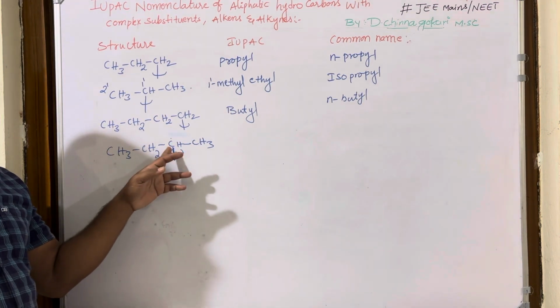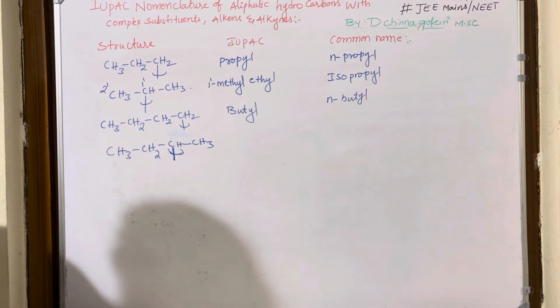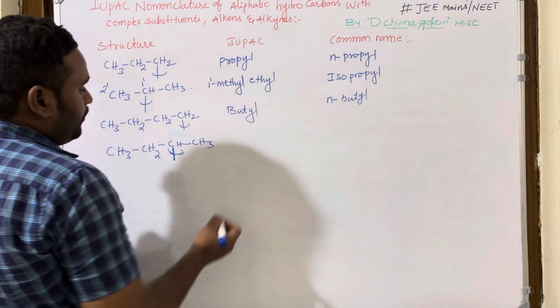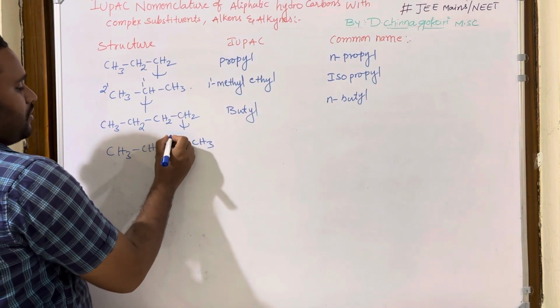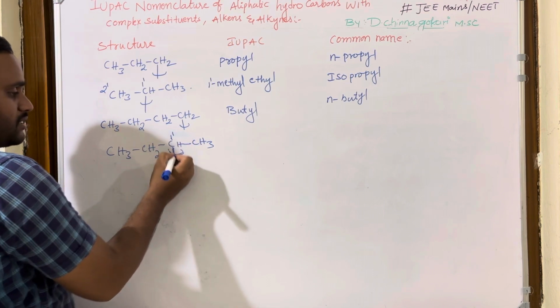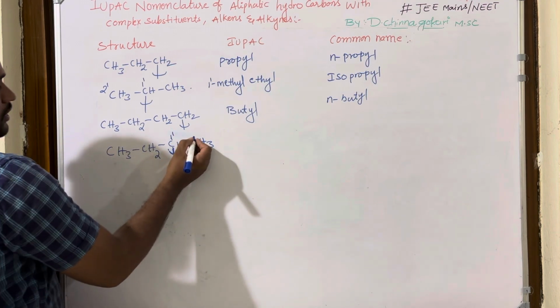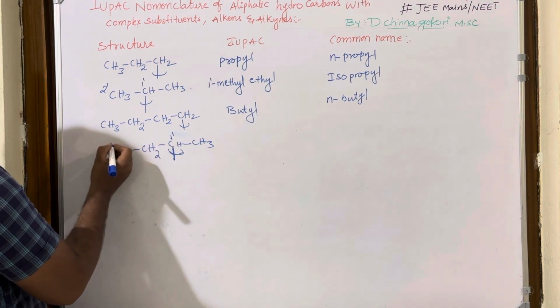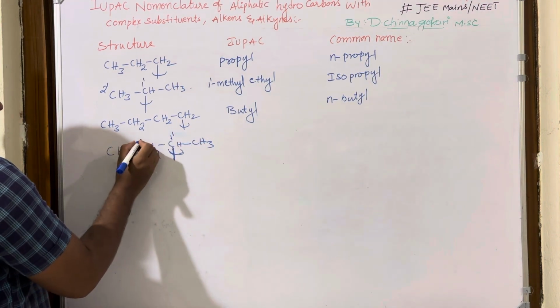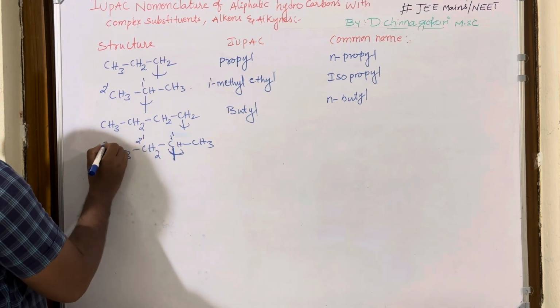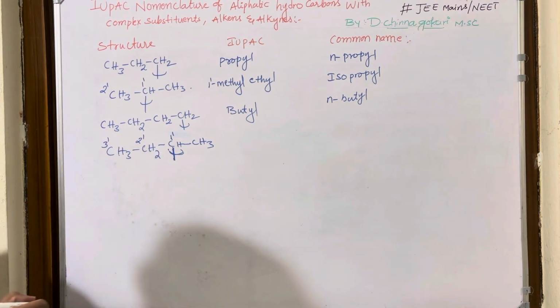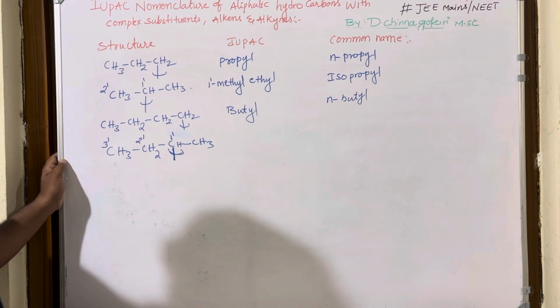This middle carbon is connected to the longest carbon chain. So now what is the IUPAC name here? As usual we give the 1 prime here because it is connected to the longest carbon chain. Next to here 2 prime, here 2 prime and 3 prime also we can write. That's why on this side only we are going to write 2 prime and 3 prime. Now what is the IUPAC name here?